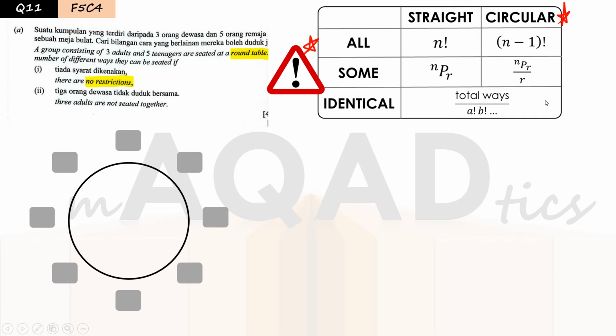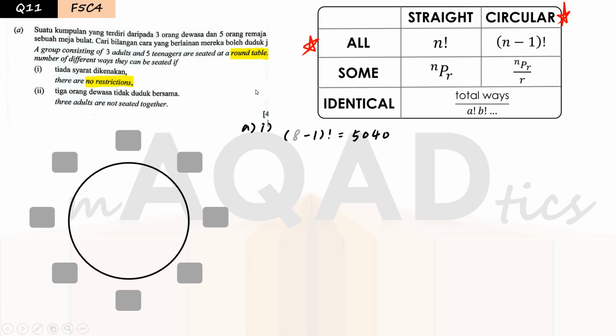The formula we should be using is this one, n minus 1 factorial. The value of n here is the number of people that we need to arrange. We have in total 8 people, so it would be 8 minus 1 factorial, which would be 5040.